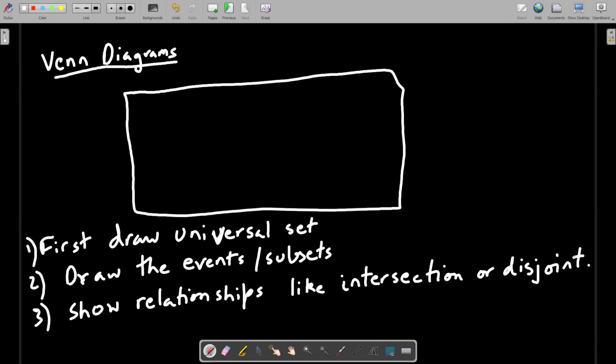Draw the relationship like intersection and disjoint. Usually we draw the universal set as a square, but it's not a compulsory rule.